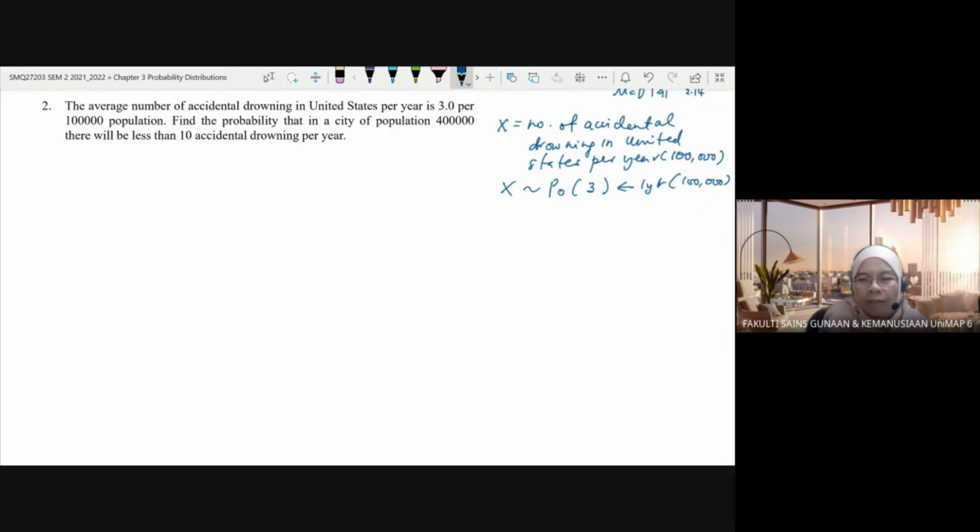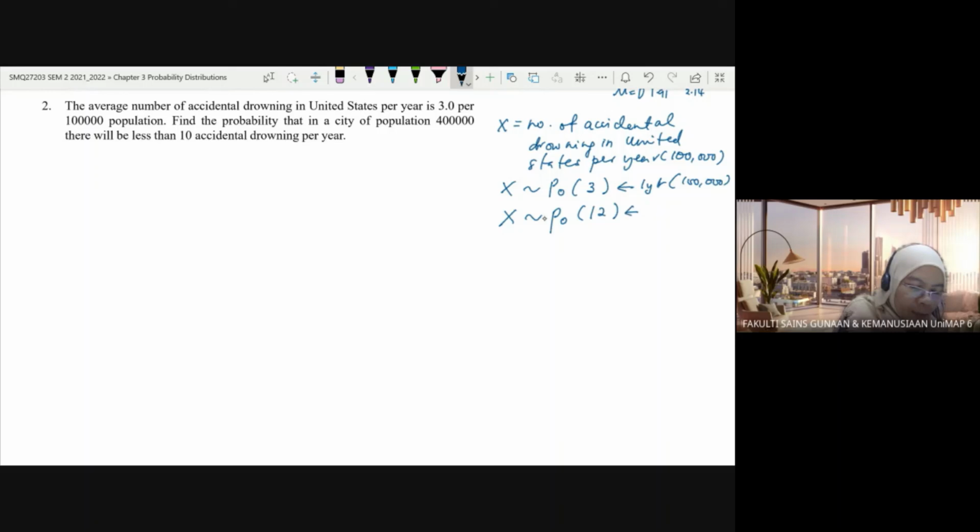How does it transform into the new lambda? So since for 1 year, 100,000, you got 3 accidental drowning, what about 400,000 population? So there will be increment of 4. So means that you have to multiply the lambda with 4. So your new lambda would be Poisson 3 multiplied by 4, you will get 12.